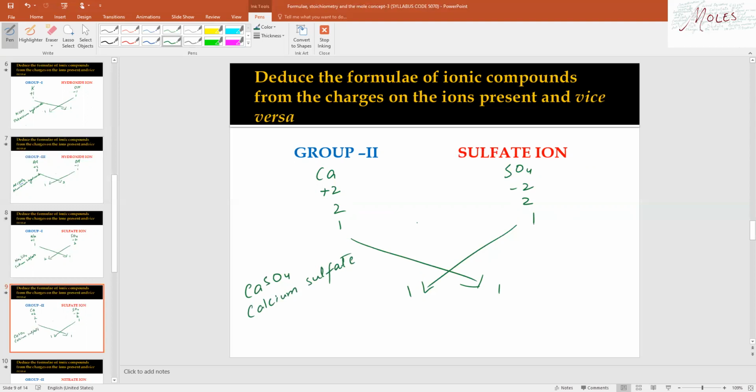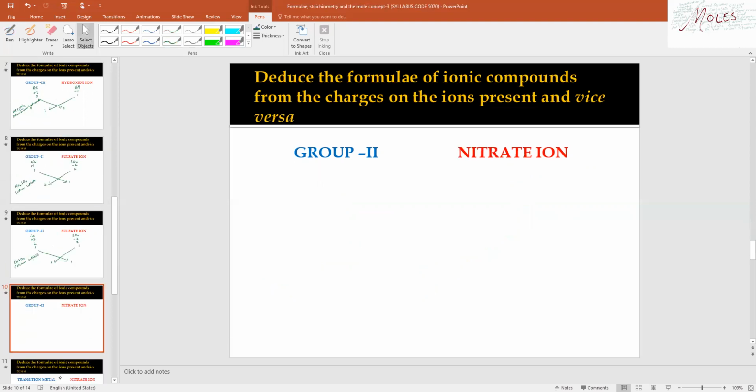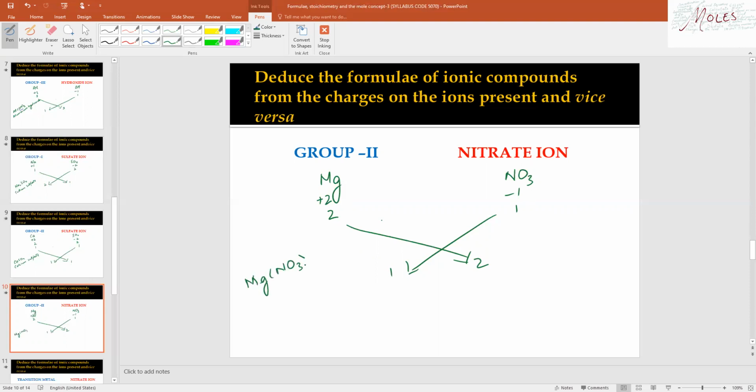What will be the chemical formula for magnesium nitrate? Swapping their subscripts, we will get Mg(NO3)2.